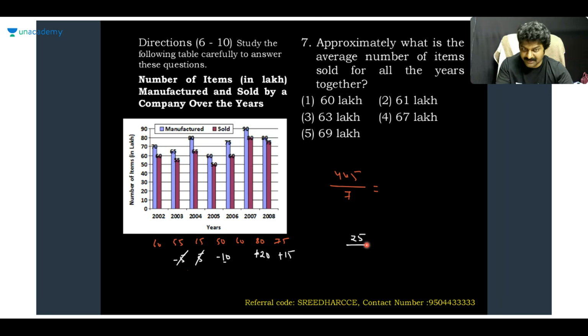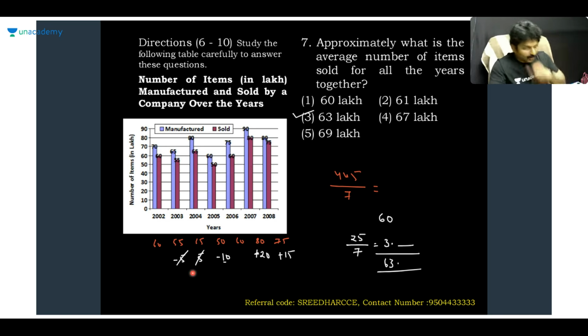Now, adjust 25 among how many numbers? 7 numbers. Each number will get 3 point something. Already we have 60 and then we are adding 3 point something. Answer should be 63 point something. Third option, final answer.